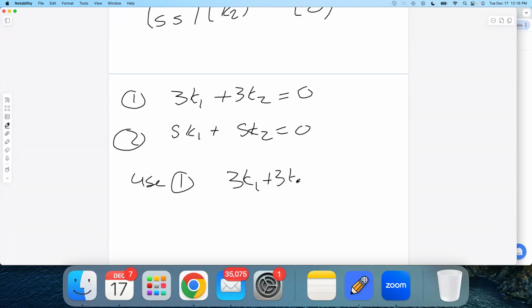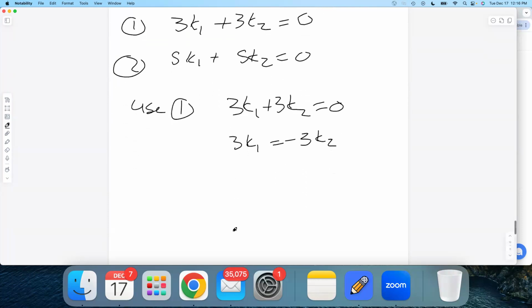3k1 plus 3k2 equals 0. So 3k1 is negative 3k2. Just to have smaller numbers, I'm going to cancel out the 3's. K1 is negative K2. And then this new eigenvector, I'm going to call it K sub lambda equals -2, will be some vector, swap the coefficients, -1, 1.